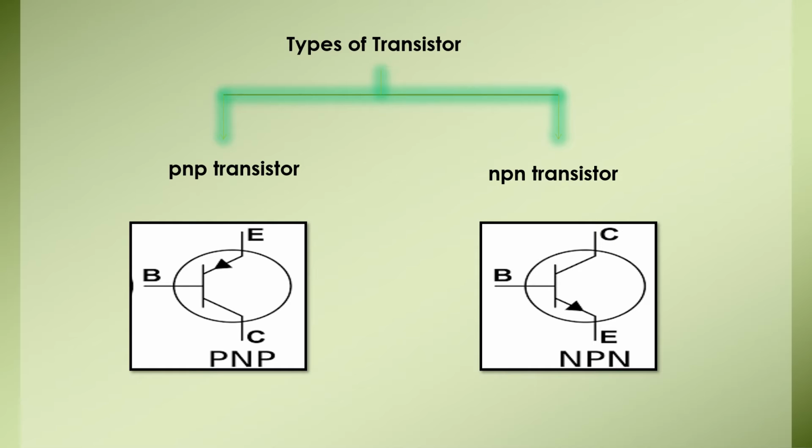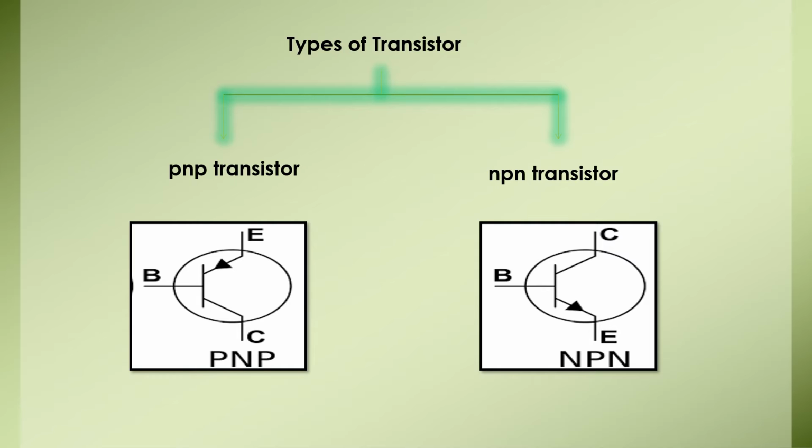In the NPN transistor the same case happens. We get three terminals: first the collector, then the base, and then the emitter. Now what is the difference between these two transistors? The first one is the PNP transistor and the second one is the NPN transistor.